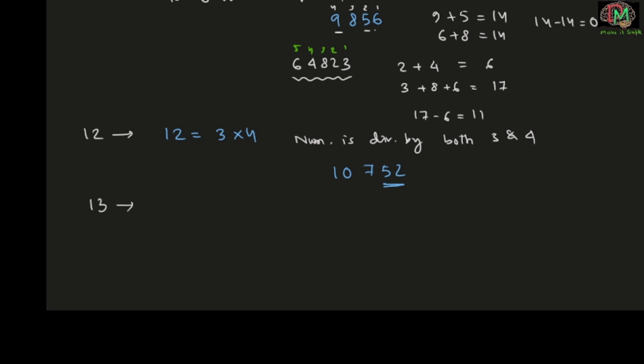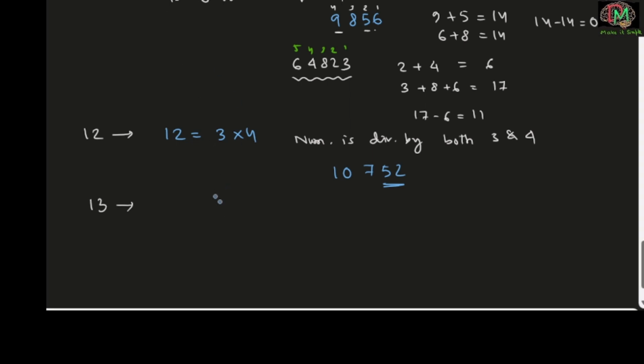Next is 13. For the divisibility rule of 13, let's take one example, 2795. What you have to do? We have to multiply the last digit by 4. This is 20. Then you add the rest of the number, which is 279, so it will be 299.